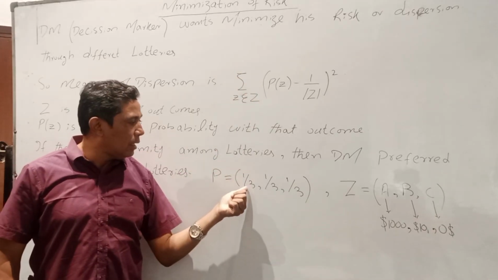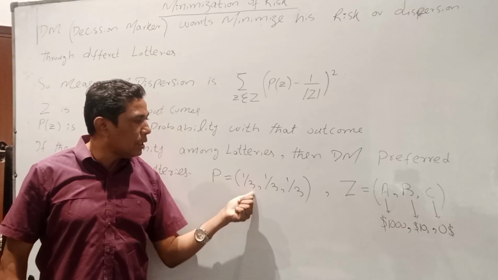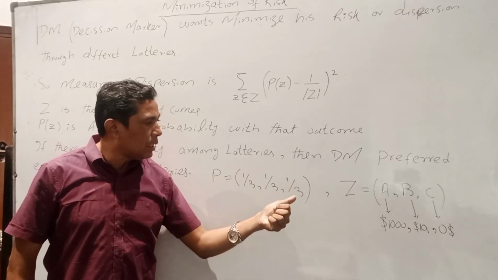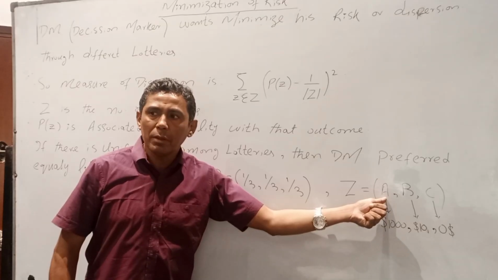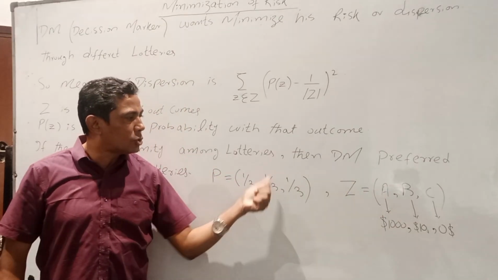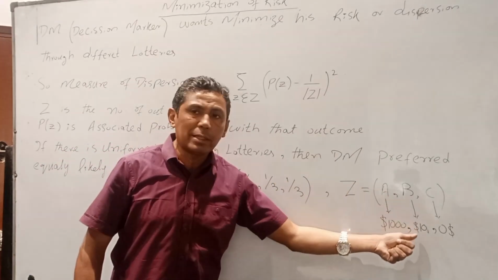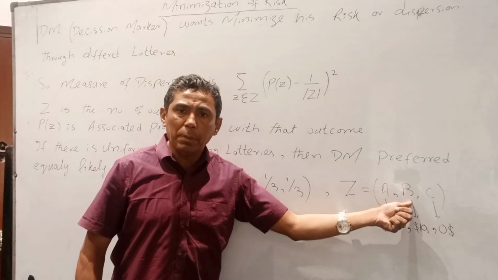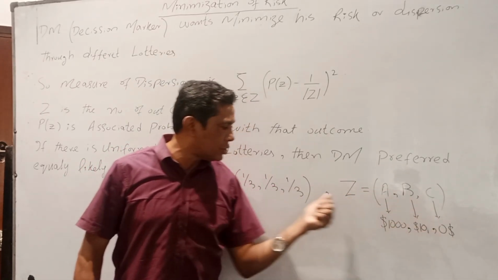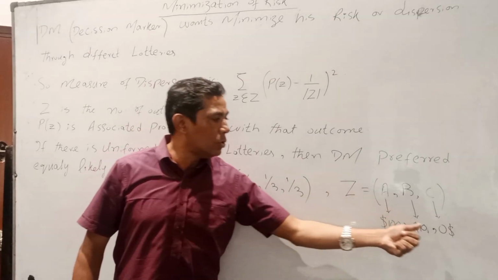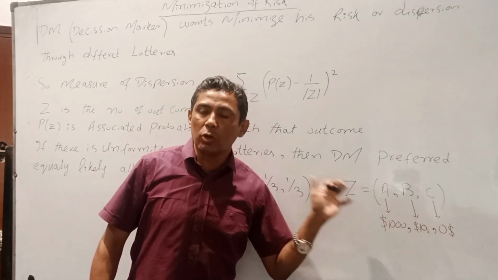Similarly here, 1 over 3 possibility to win $1,000 in case of outcome A, 1 over 3 possibility to win $10 in case of outcome B, and similarly in case of outcome C you have the same probability, $0 or 1 over 3.